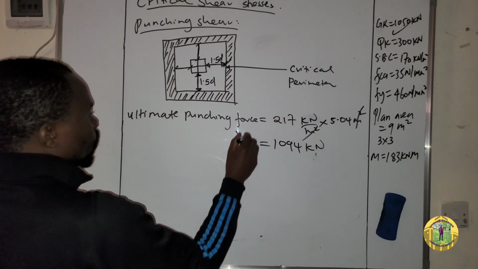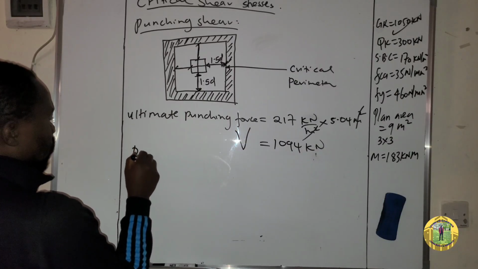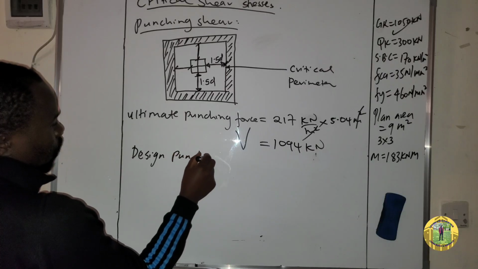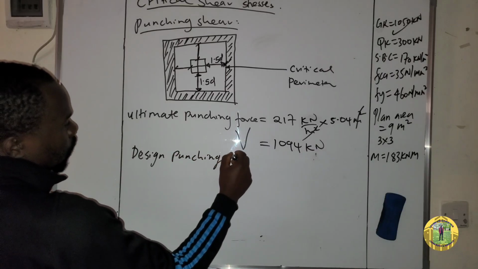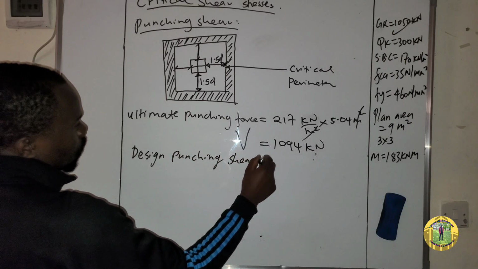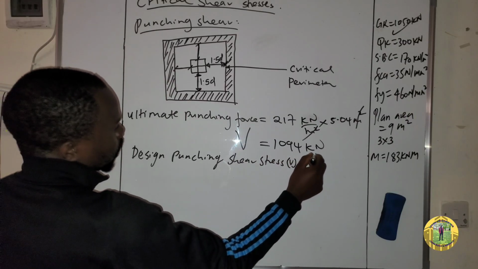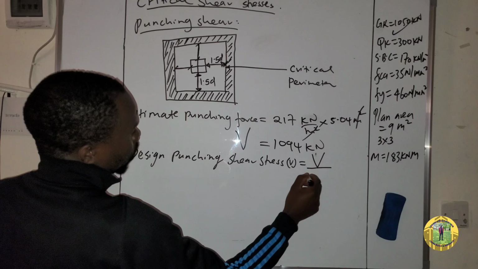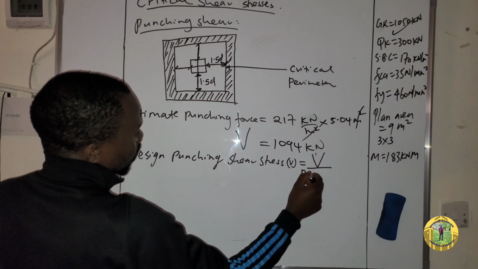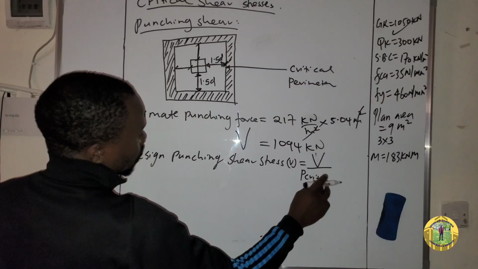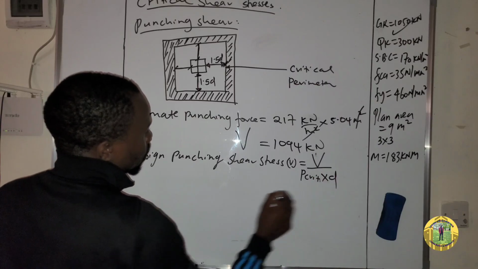So this is the design punching shear stress, which is small v. It is given by V over the critical perimeter times d.